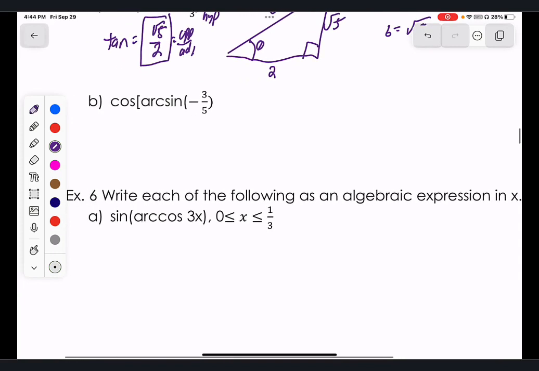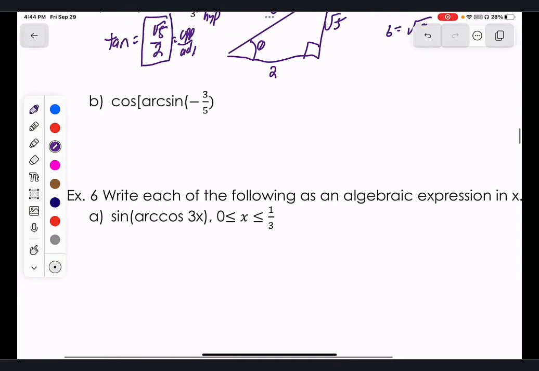Now, for our next one, we're doing the cosine of the arc sine of negative 3/5. So again, we draw a triangle. Now, notice that our hypotenuse is always going to be positive. The sine is obviously opposite over hypotenuse, so we're going to make our opposite side negative 3.